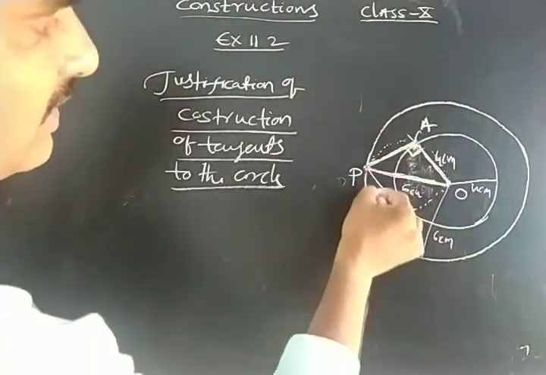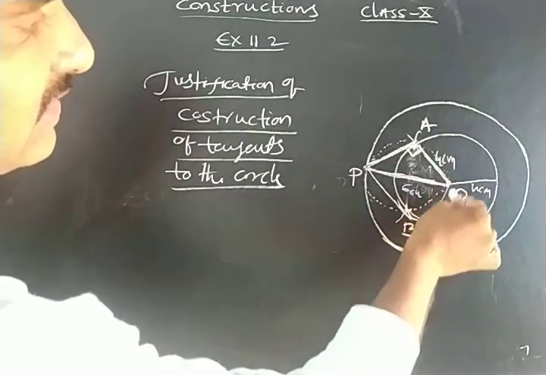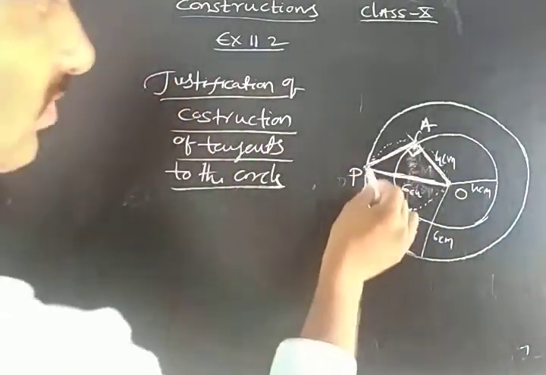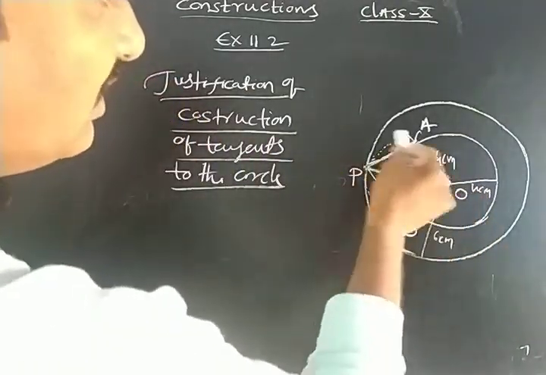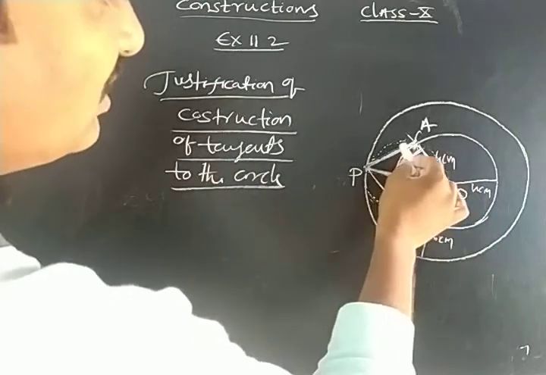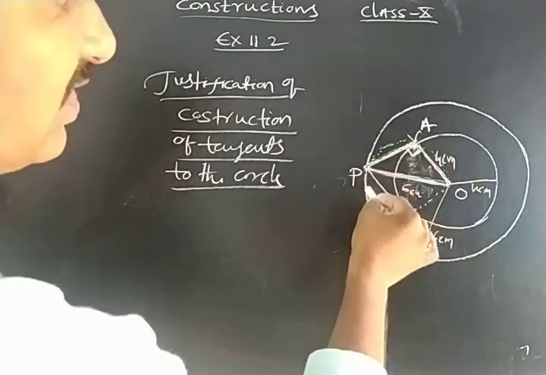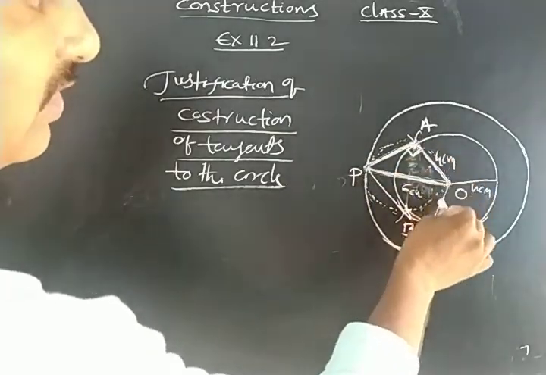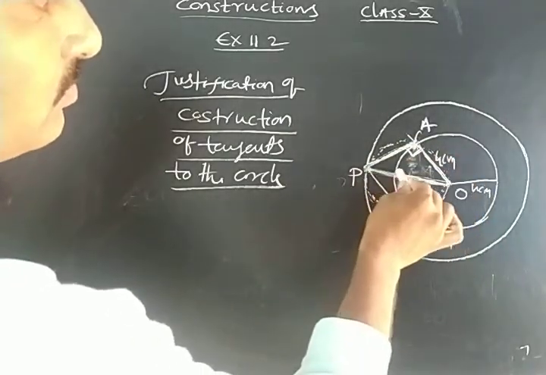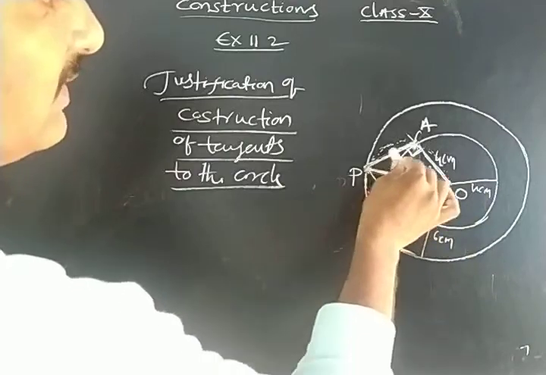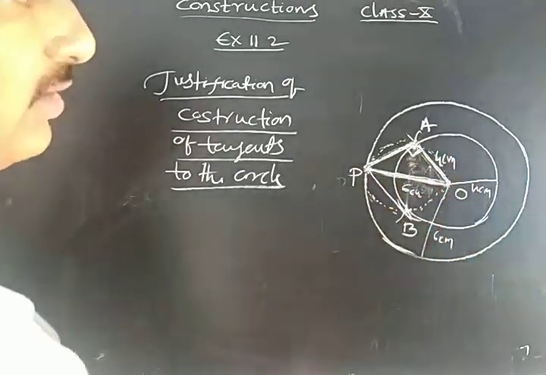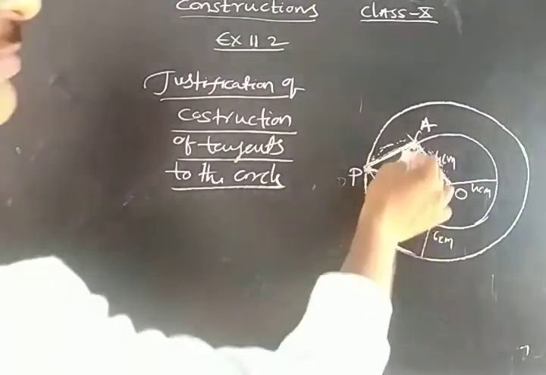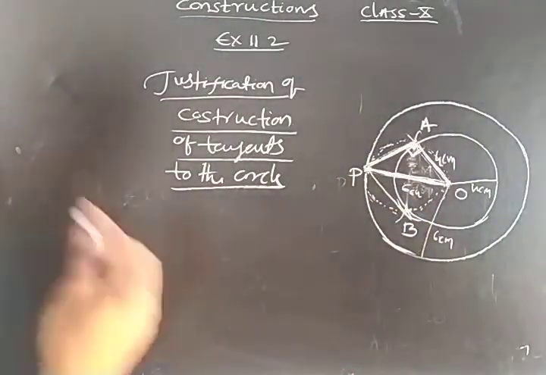See this dotted circle. For this dotted circle, this is the diameter, and this is the angle in semicircle. For this dotted circle, OP is diameter, and this is angle in semicircle. We know that in a circle, angle in semicircle is always 90 degrees.